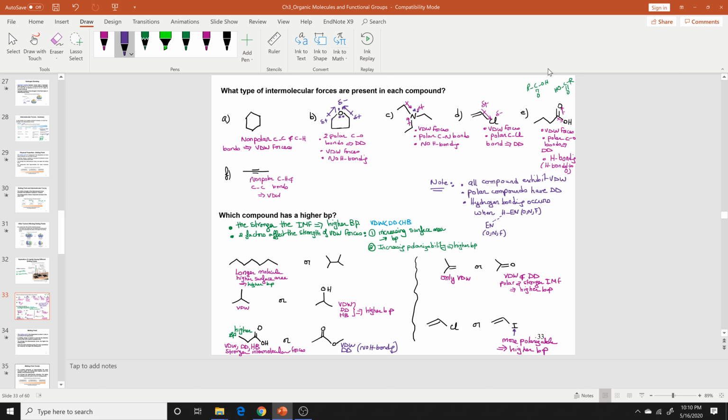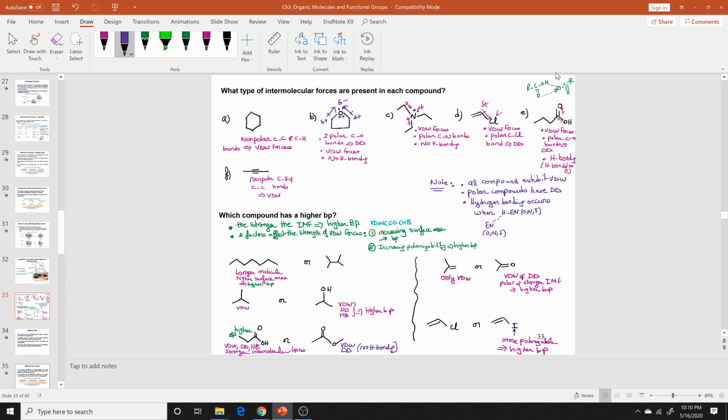Okay, so the definition here, you need to have a hydrogen connected to an electronegative element, and that hydrogen will bond with an electronegative element. Or here I can have a hydrogen connected to an electronegative element, and that hydrogen can bond here to this electronegative element.